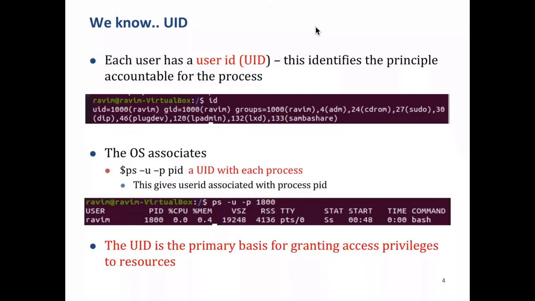Okay, so in any OS, and primarily Linux and Unix, a very important concept is that of user ID. And user ID defines what privileges a user has. Now, whenever a user creates a process, in the PCB or TCB, the process control block, of that process you have the user ID, right?